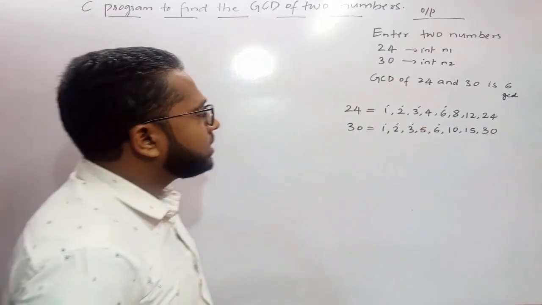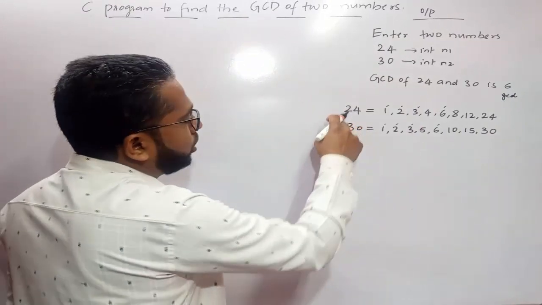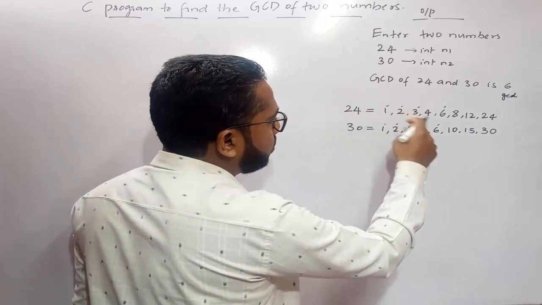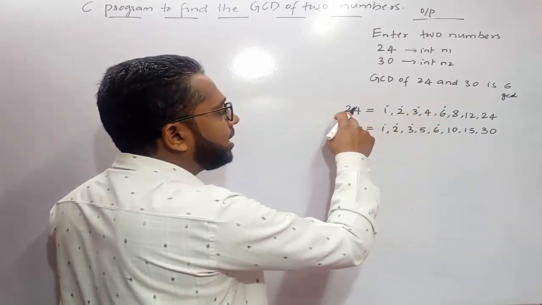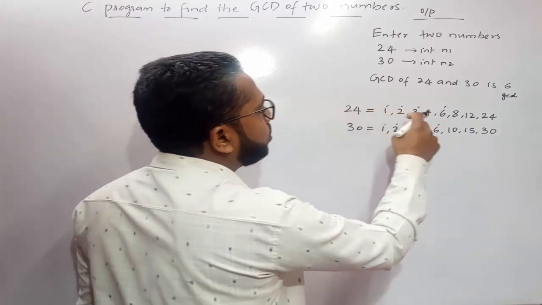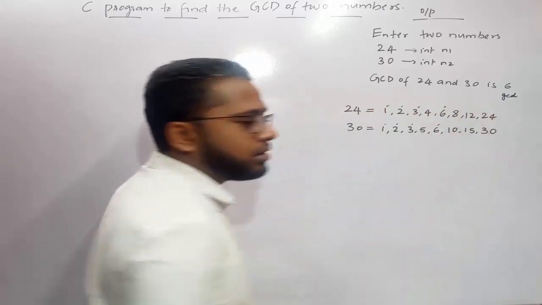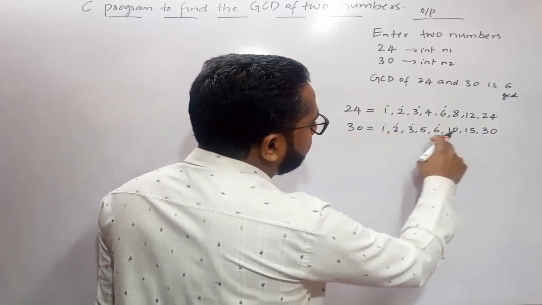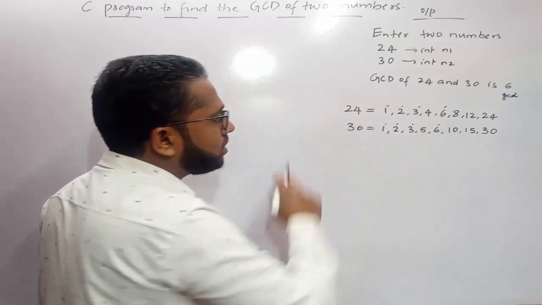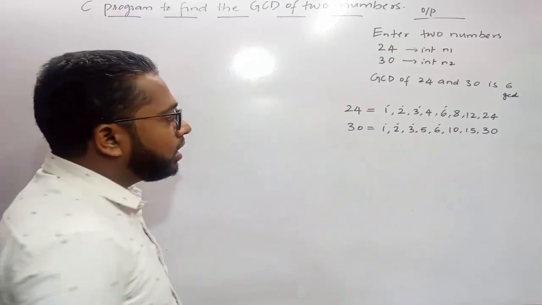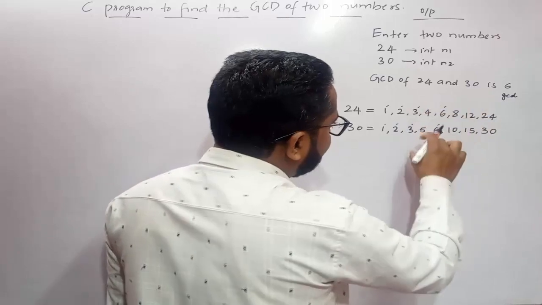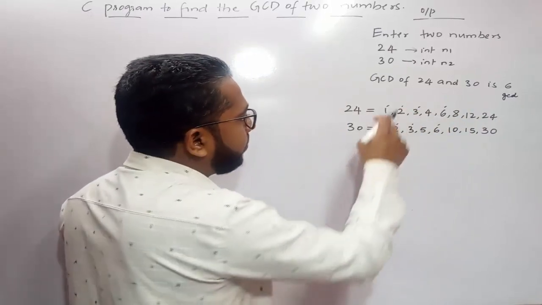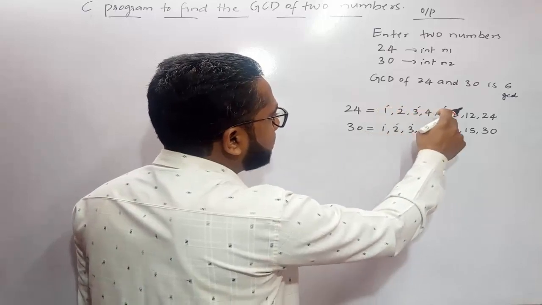Next, these are our two numbers, 24 and 30. Here I have written down the numbers with which I can completely divide the number 24: 1, 2, 3, 4, 6, 8, 12, 24, and these are the numbers with which I can completely divide the number 30. Now out of these two sets, what are the numbers which are common in both sets? 1, 2, 3, 6.